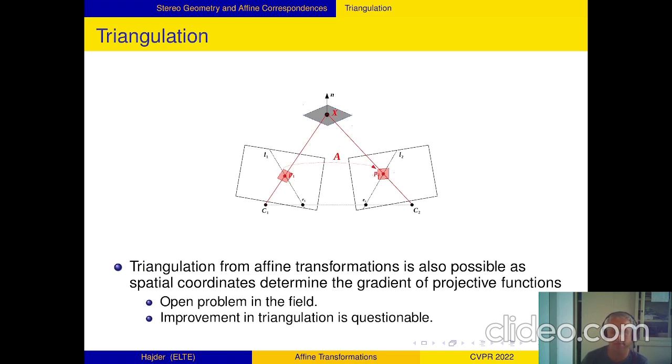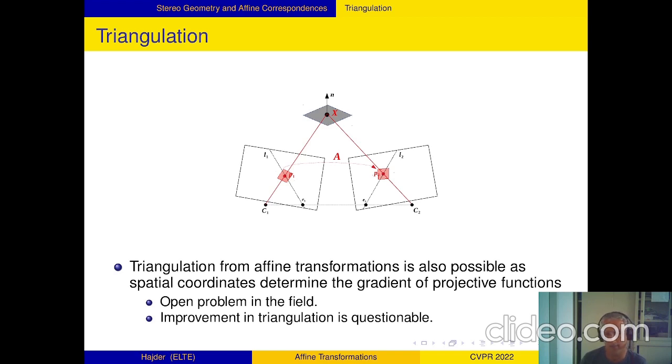Okay, as the gradient is taken with respect to the spatial coordinates, so the spatial coordinates themselves can be estimated, but this is an open problem in that case, so we don't know. Maybe the PhD dissertation of Kevin Köser contains a special algorithm, but not a general one. So if somebody wants to deal with this problem, then it's a free and open problem, and we believe that triangulation can be more accurately estimated the spatial location if the affine transformations are also considered, not only the point correspondences.